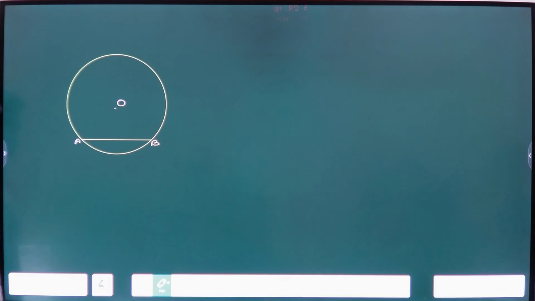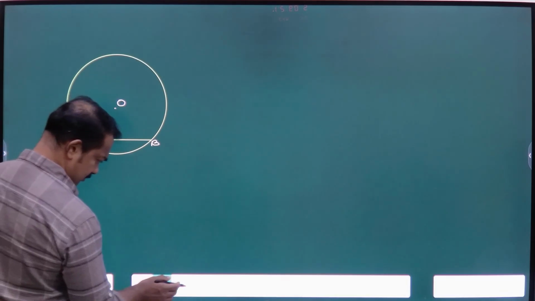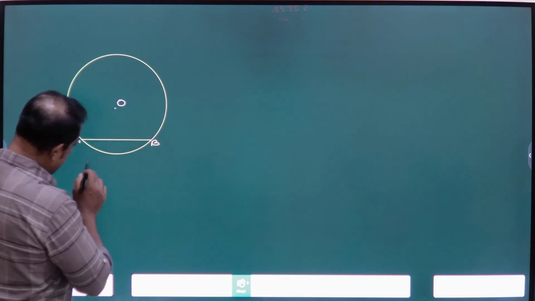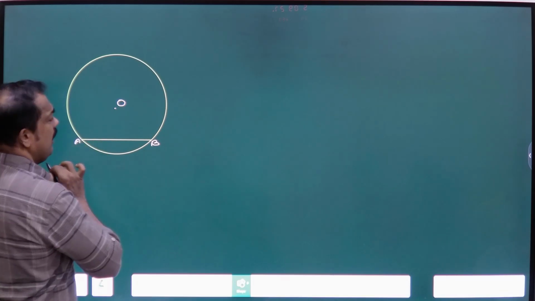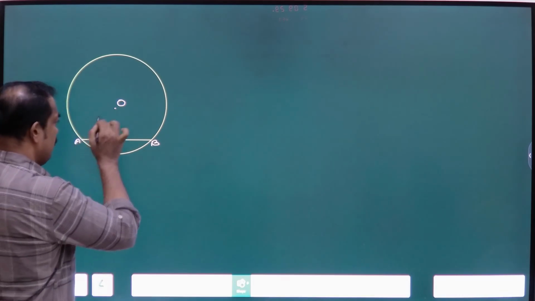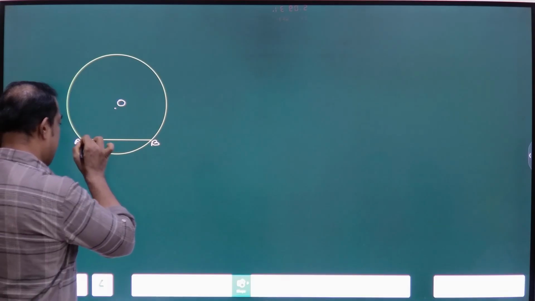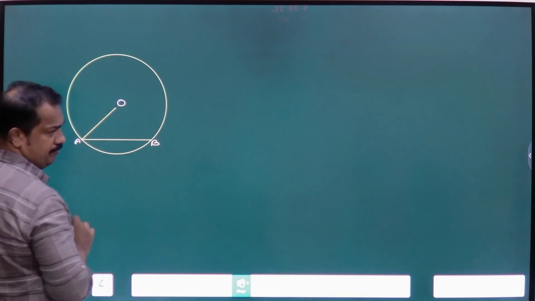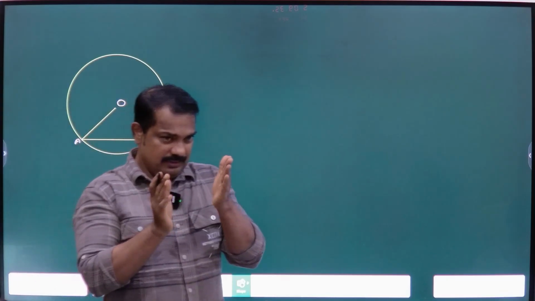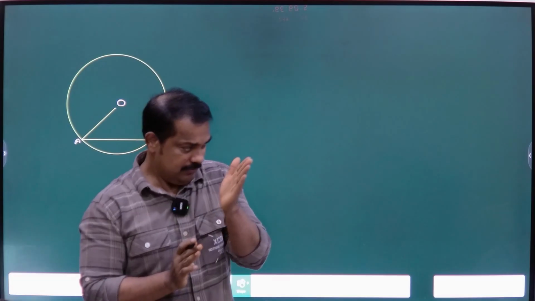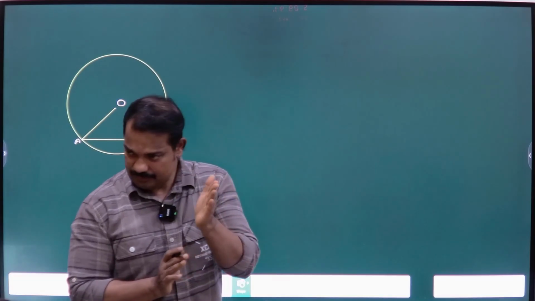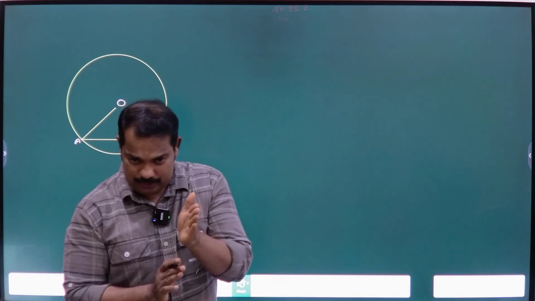Now listen. From the point A, we can draw a line to the center. A और O join किए हम. Chords. ध्यान से सुनो. A and B are the end points of the chord.